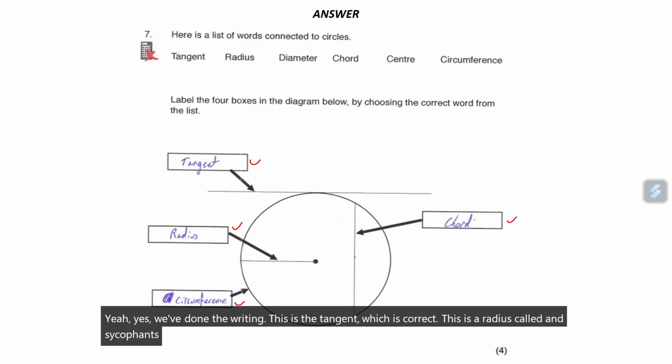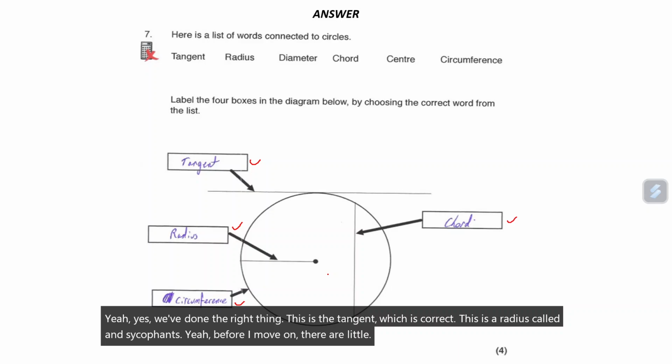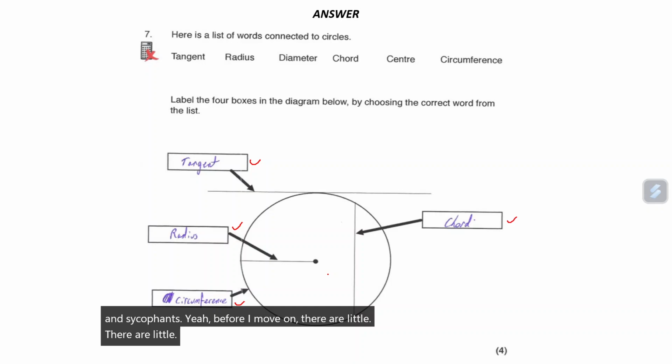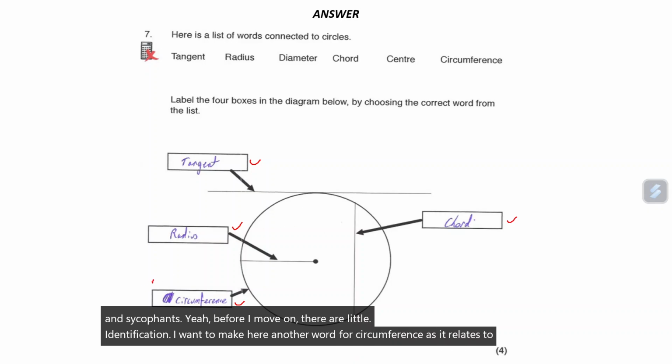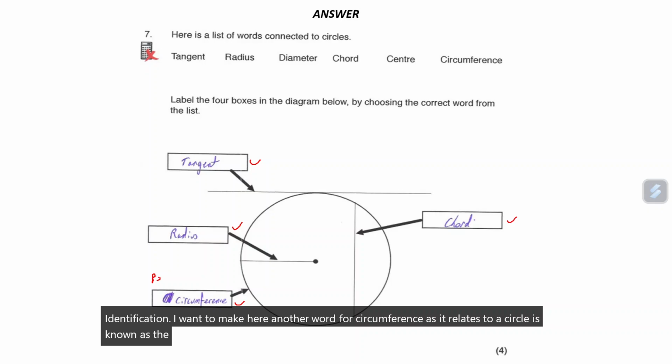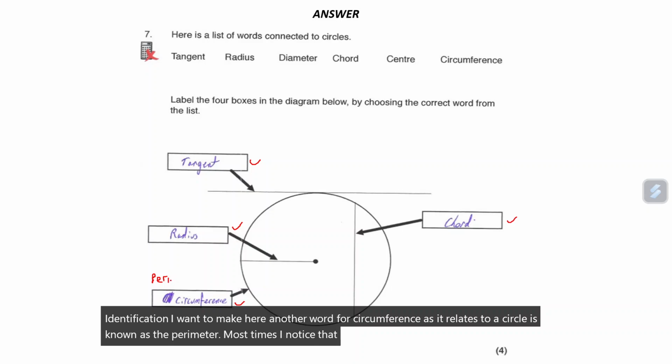Before we move on, there is a little identification I want to make here. Another word for circumference as it relates to a circle is the perimeter. Most times I notice that examination awarding bodies use these words to confuse learners.